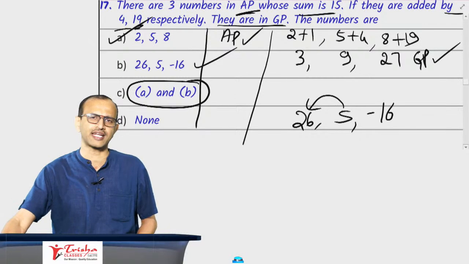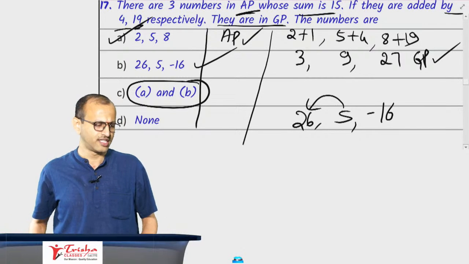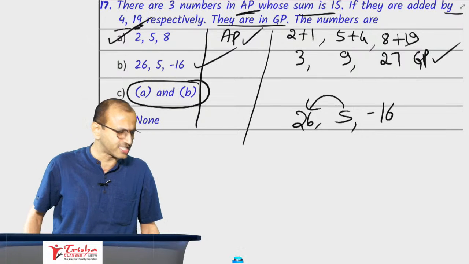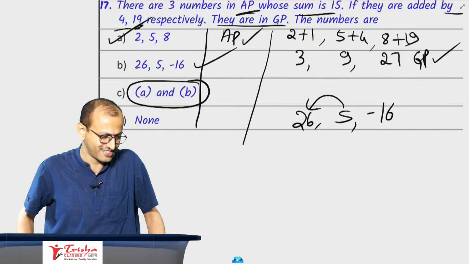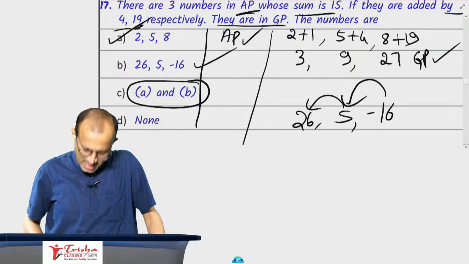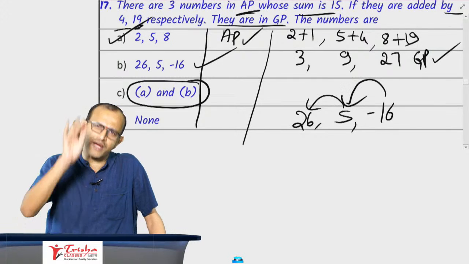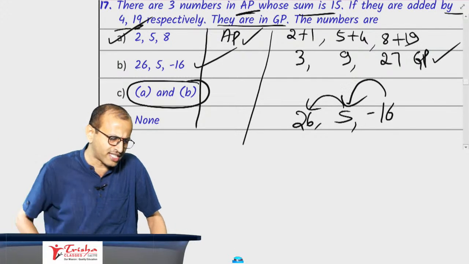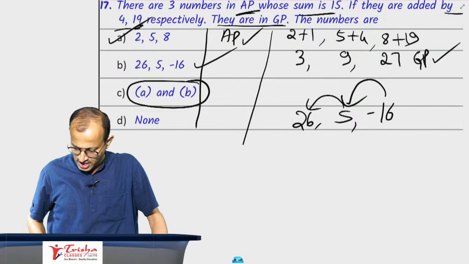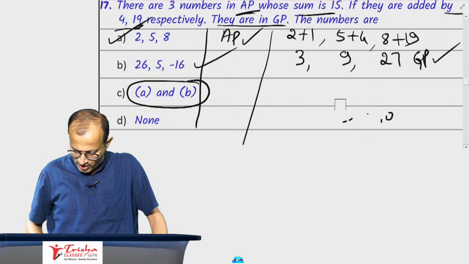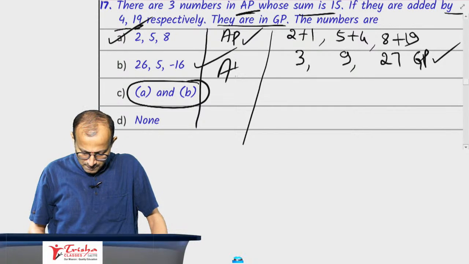Don't break your head. Calculator, is it minus 21? 5 minus 26, is it minus 21? Okay. Minus 16 minus 5. Calculator. Is it still minus 21? Okay, super. Therefore, that is in AP.